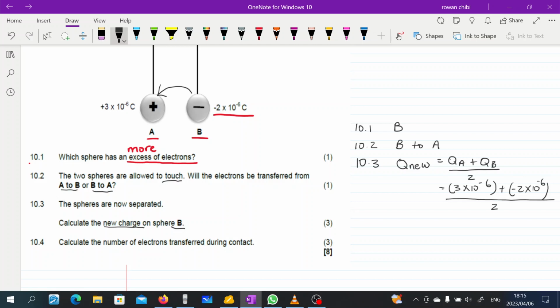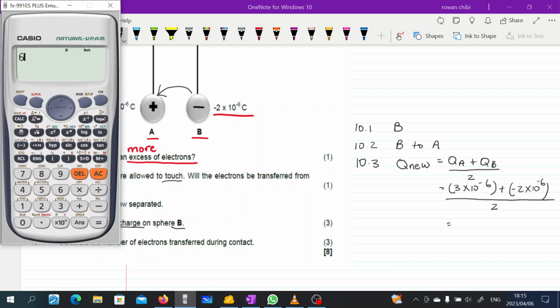So let's take the calculator and see what we are going to get here. So we form a fraction, open a bracket, 3 exponent negative 6 plus, open a bracket, negative 2 exponent negative 6, then denominator is 2.